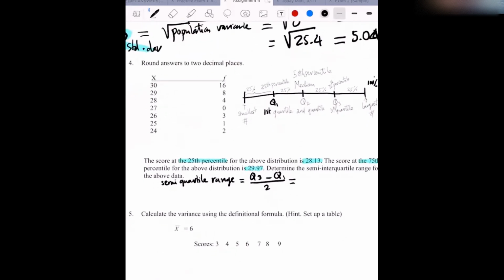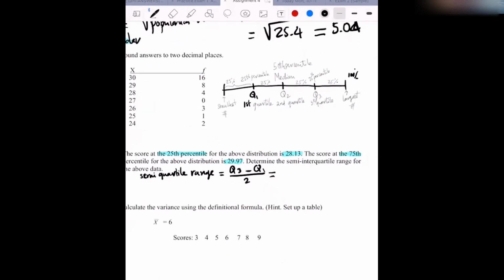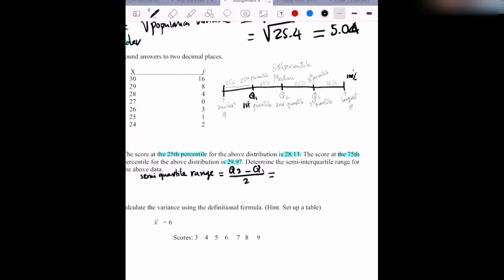Now here is the formula that I just gave you for the semi-interquartile range. Can you plug the numbers into that formula and give me the answer? I'm going to give you 1 minute to try it. Remember that the 25th percentile is Q1, and the 75th is Q3.